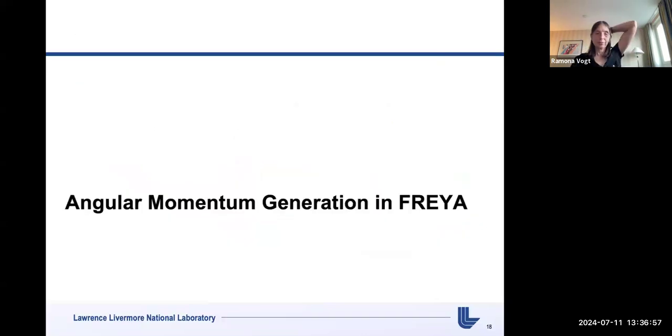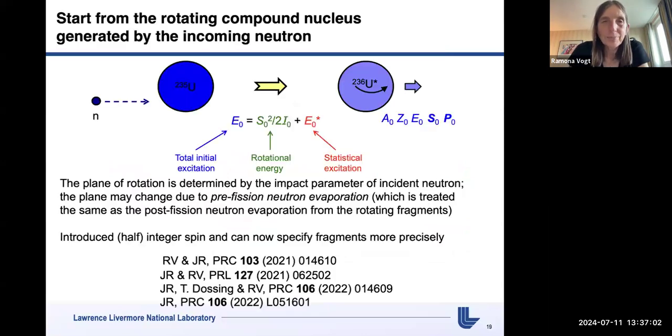So now I want to go to the angular momentum generation. You can still get spinning fragments when you have spontaneous fission, but you can impart some spin to the problem to begin with if you have neutron-induced fission. And when the neutron comes in and hits the nucleus somewhere, where it hits is called the impact parameter.